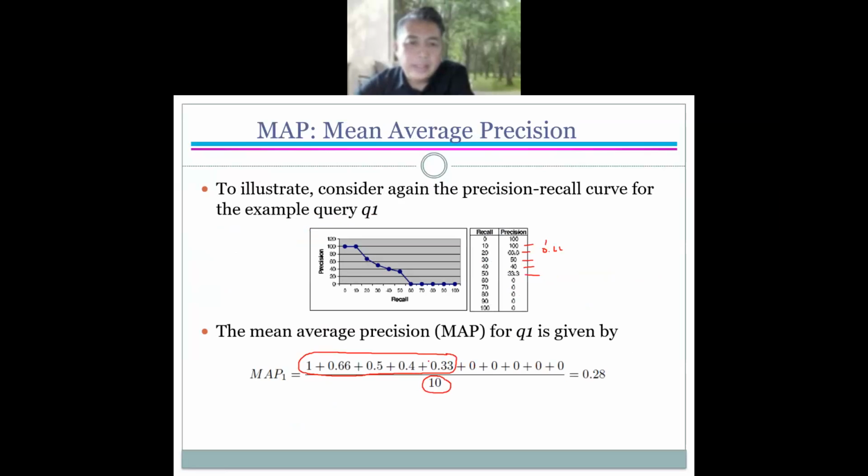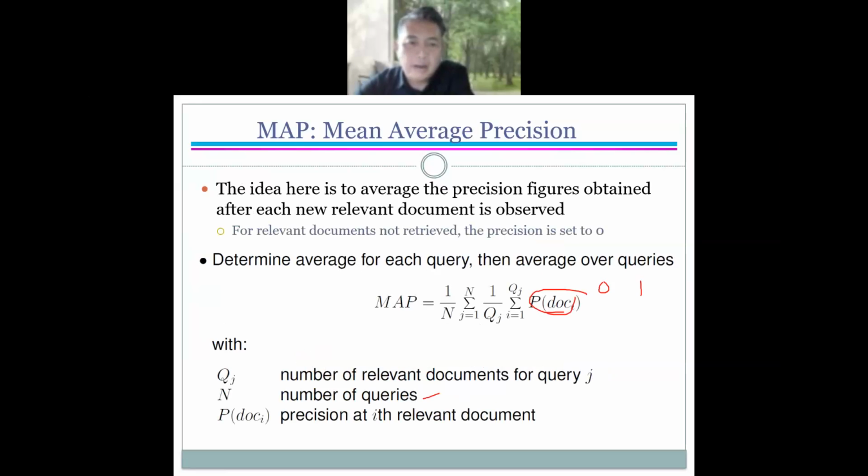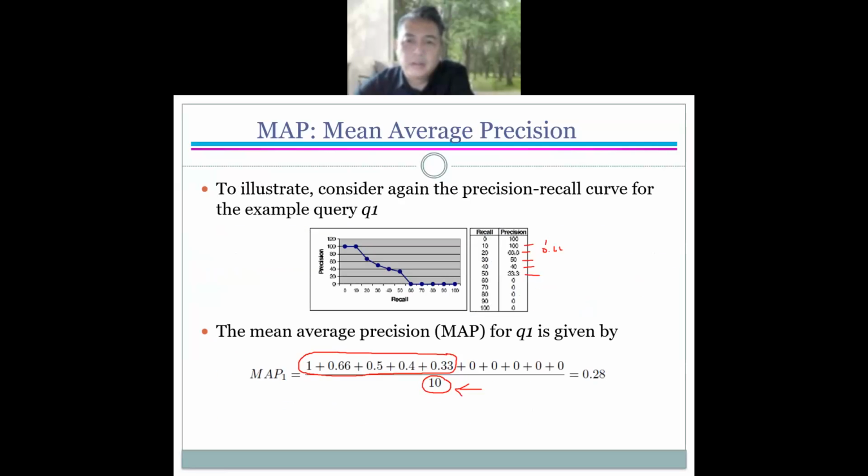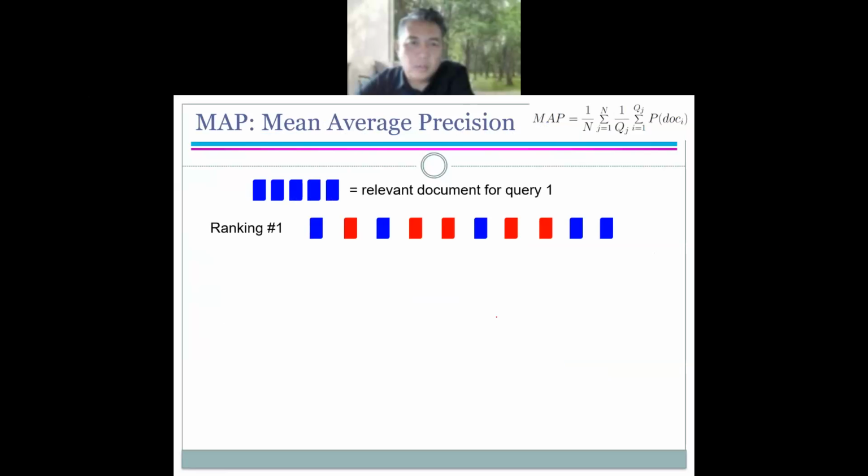We add up all these values and then divide by 10, because this is the number of relevant documents. The Q here refers to the number of relevant documents. So this is the mean average precision, which is the area under the curve. Let's look at one more example here.